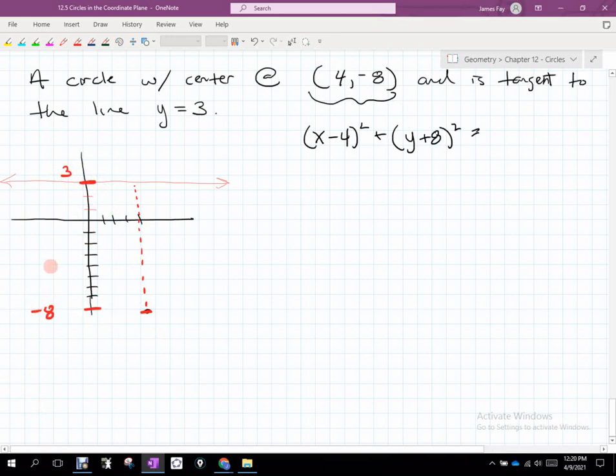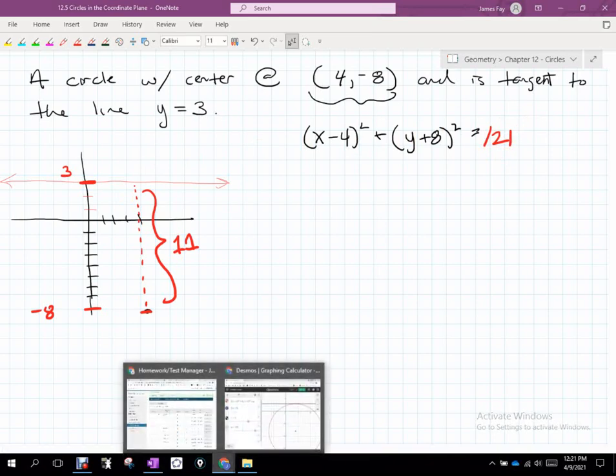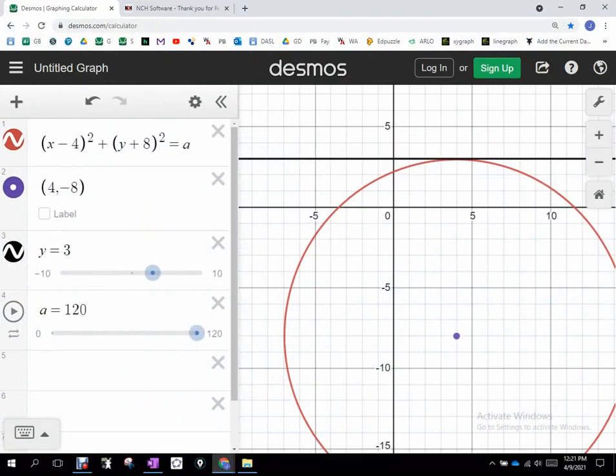What is that distance between -8 and 3? 11. So my radius is 11 here. Does that make sense? So what is the radius squared? 121. Okay. So when we look at Desmos here, Desmos was showing a to be 120, right?